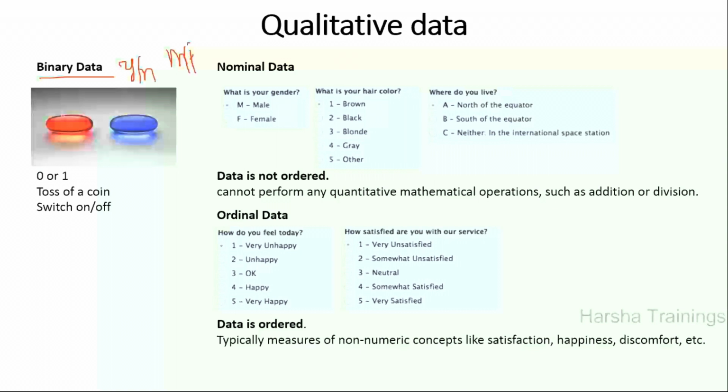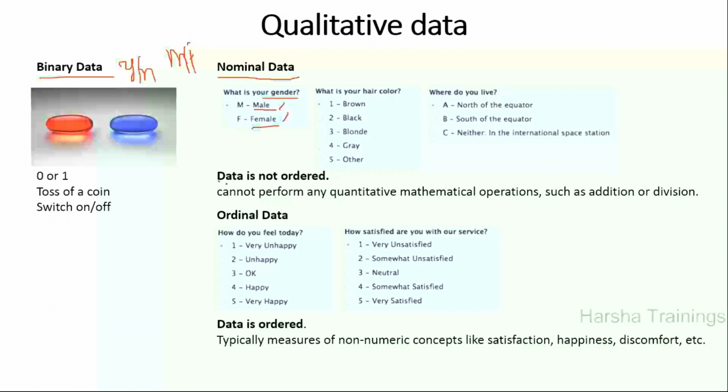Yes. Now, sometimes I will have another kind of qualitative data called nominal data. Here, I have data such as male and female, but I may not follow any specific order. What is your gender? It may be male, it may be female. You may write female first or you may write male first.